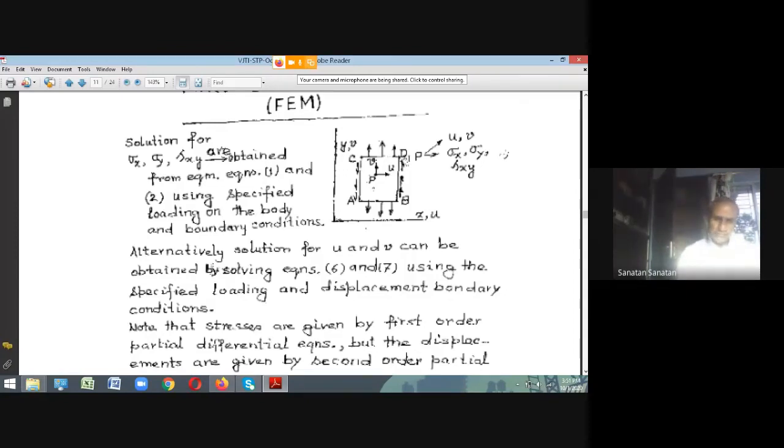And finally the body undergoes deformation. If we try to plot the deformation, take the body in the xy plane, which is a horizontal plane consisting of the area, and plot the displacement at every point in the vertical direction, you get a surface.